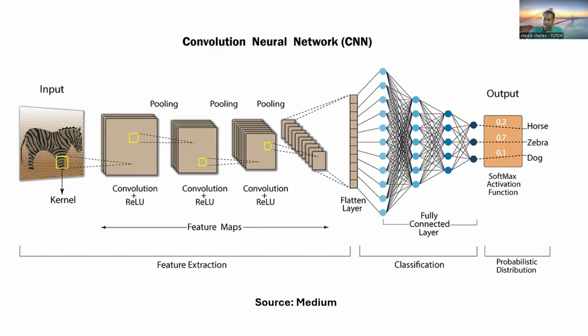We have this animal, looks like a zebra, and let's pretend it's made of a 32 by 32 dimension, the width and the height, and it's colored, so it's not grayscale. So we have 3 channels, one for each color in RGB: one channel for red, one for green, and one for blue. So this image, the input, first goes to the first convolutional layer.